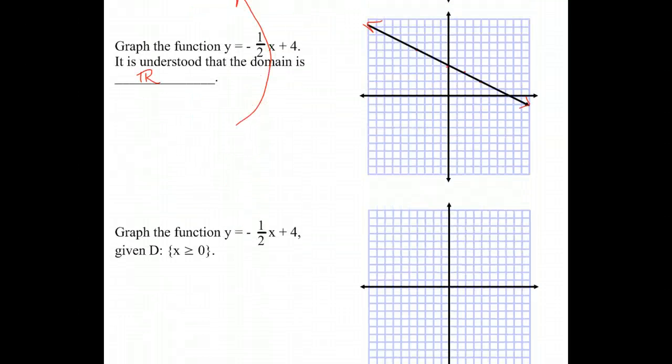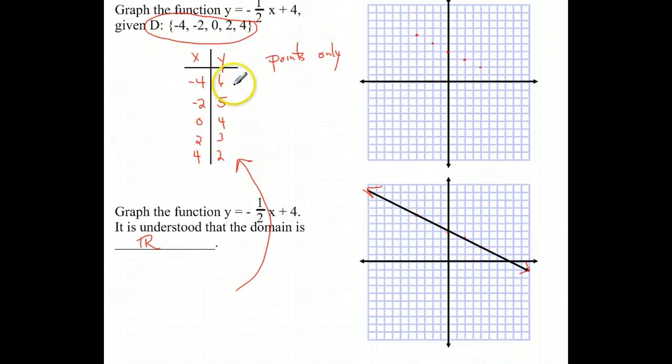And let's look at our last example. Here we have the same function, but this time the domain is given to me as x is greater than or equal to 0. So if I were to look at my original set of values up here, I could not use my first 2 points.